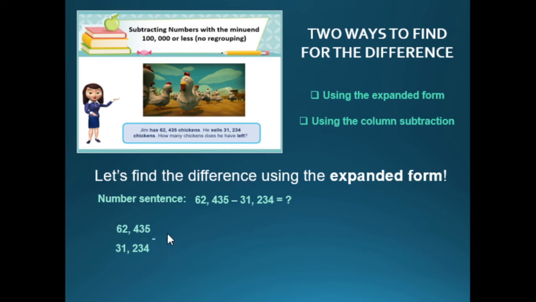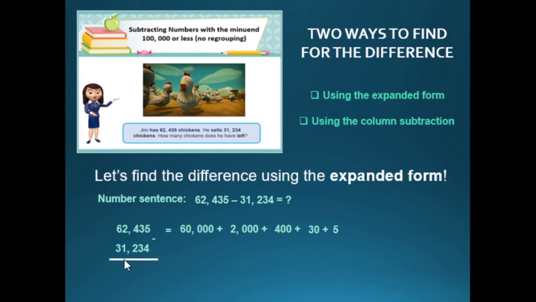Using the expanded form, 62,435 becomes 60,000 plus 2,000 plus 400 plus 30 plus 5.